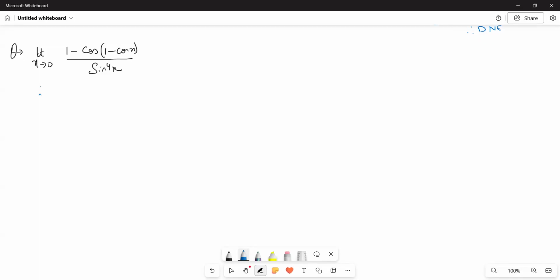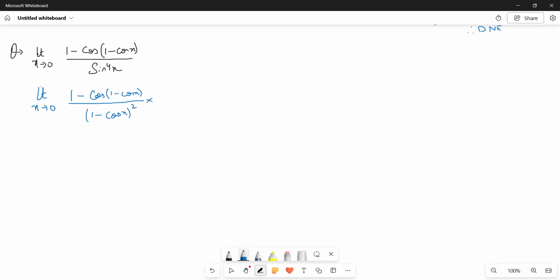Now let's look at how we convert this to standard limits. Limit x tending to 0, we start with the numerator. What is the standard limit for 1 minus cos x? 1 minus cos of something needs the square of that thing. 1 minus cos x by x square is half.